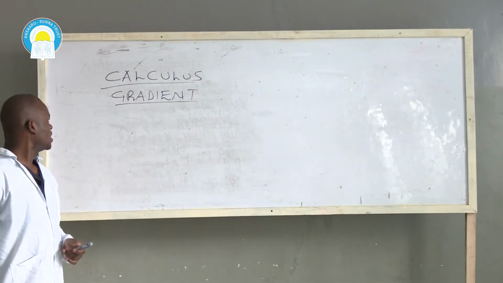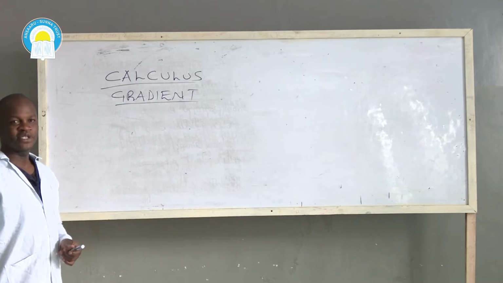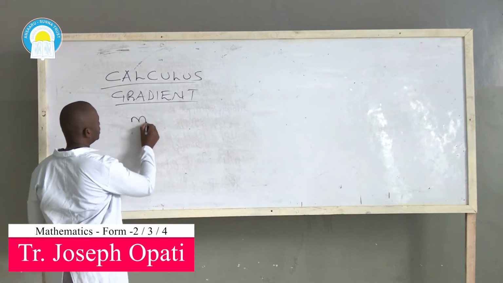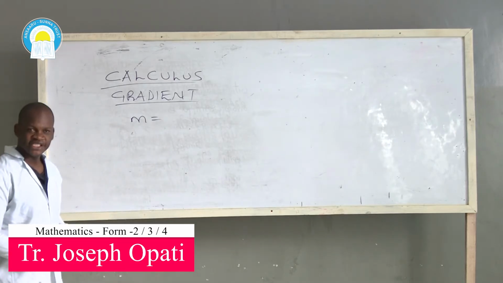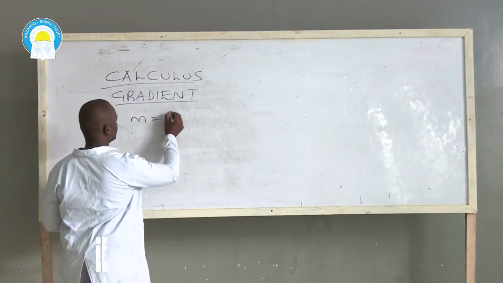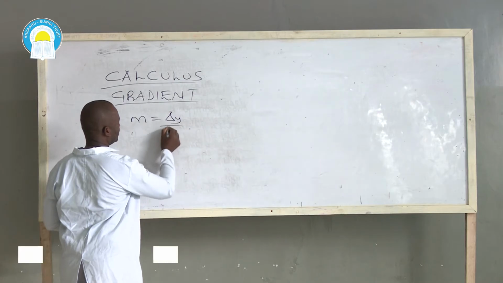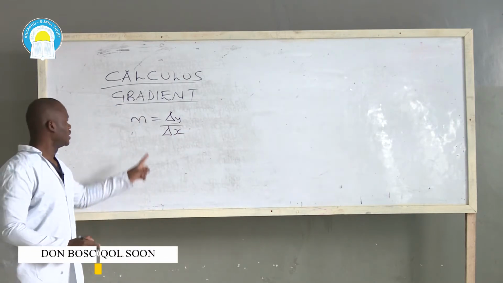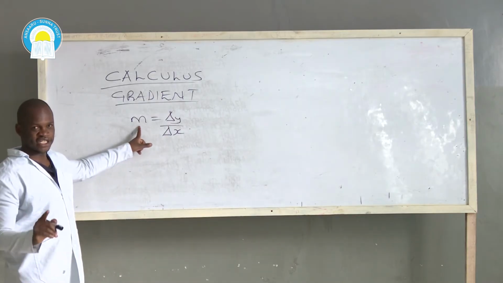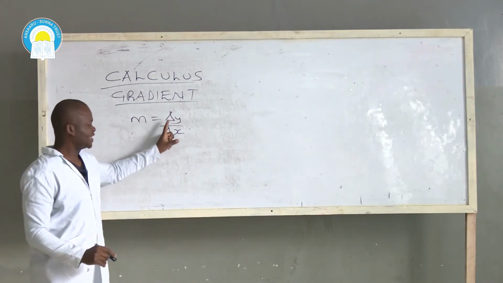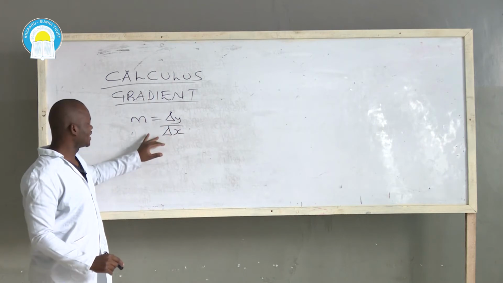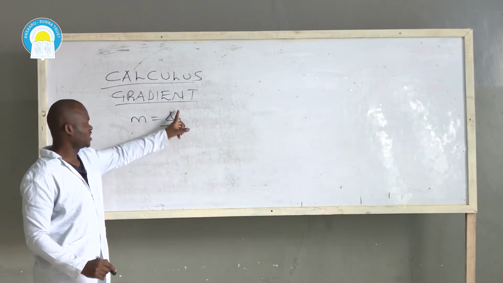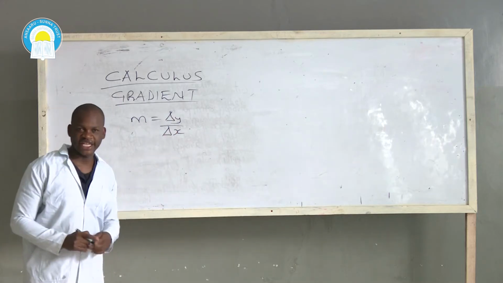Now, gradient was determined, if you remember your Form 2 work, using the formula change in y over change in x. So the letter m here represents the gradient. Then we have delta y over delta x to represent the change in y over change in x.